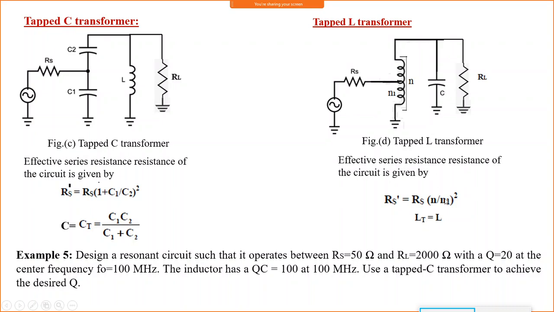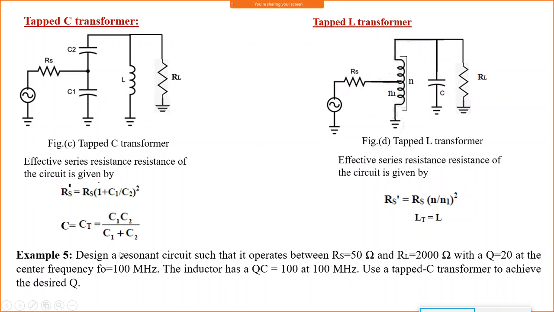So you can choose the values of N1 and N2, and based on that you can change the net resistance. This is the design equation here. It is very simple, but you should choose based on your requirement. You can get a value of N1 and increase the value of this. So this is called a tapped L transformer.